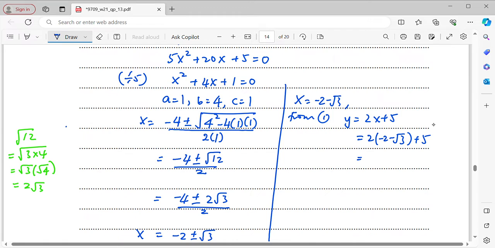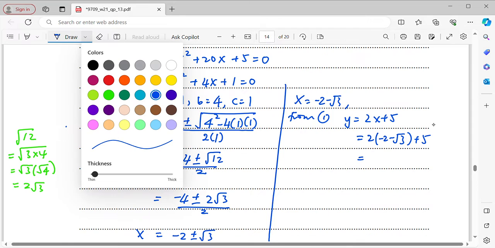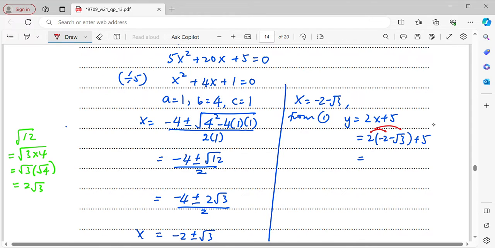The first one is minus 4, so minus 4 plus 5 is 1 minus square root 3. Wait, let me do it step by step. The 2 multiplies the whole bracket, just now I overlooked it. So here it is going to be minus 4 minus 2 square root 3 plus 5, so it's going to be 1 minus 2 square root 3.